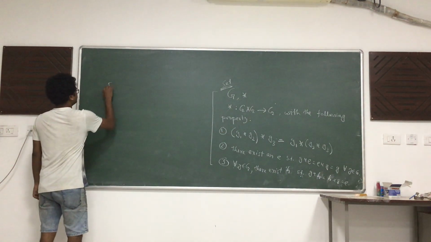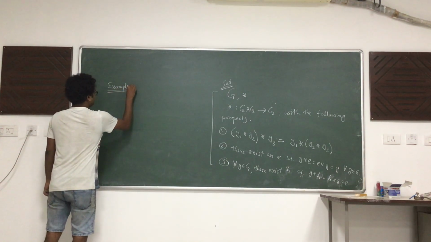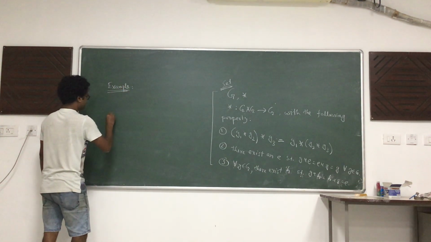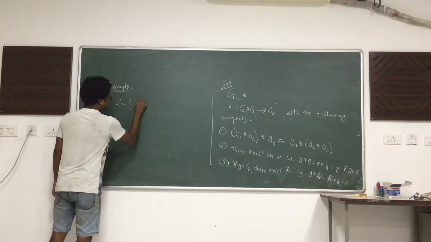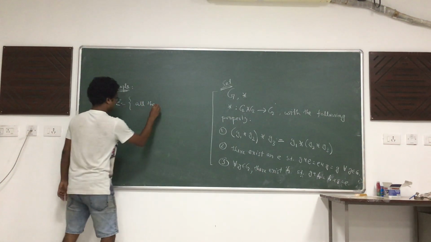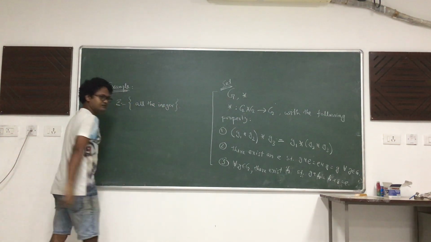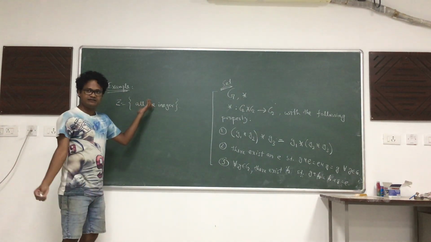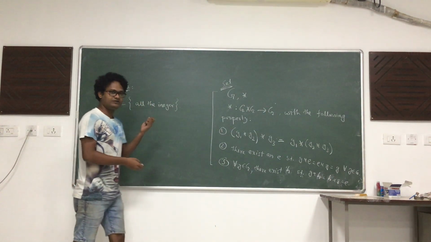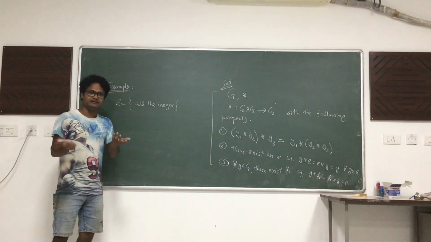Let's take some example, let us say Z. Z is the collection of all the integers, positive and negative. And we can naturally define addition here. We know if we add two integers, we'll get another integer, right?